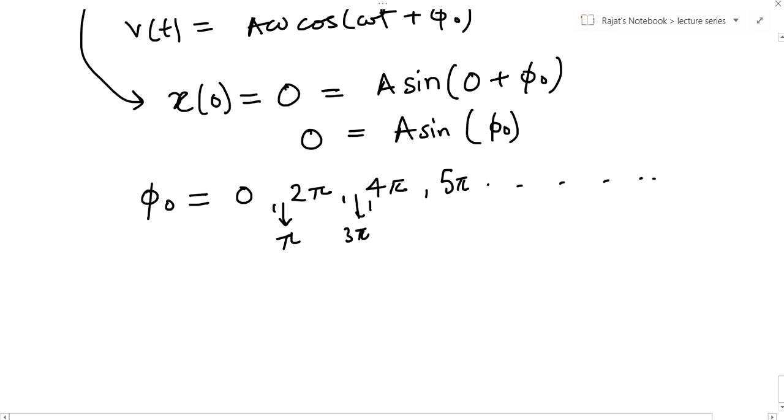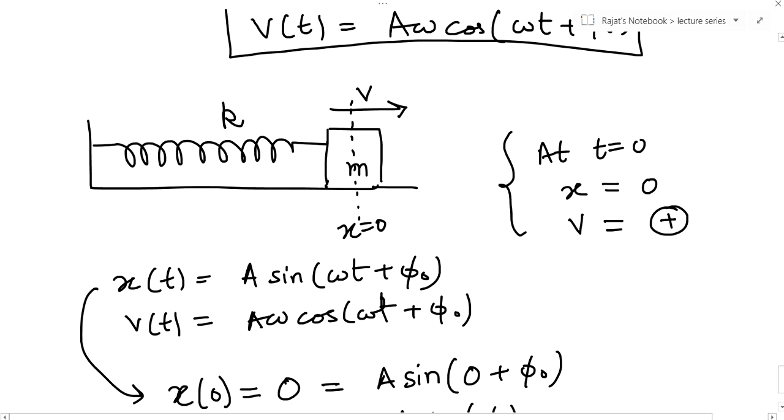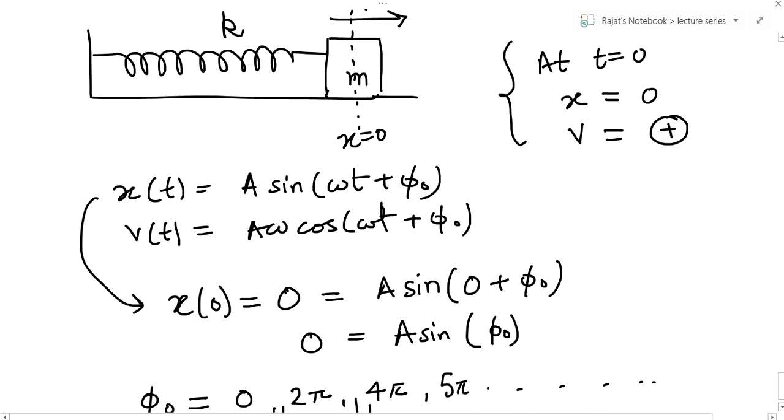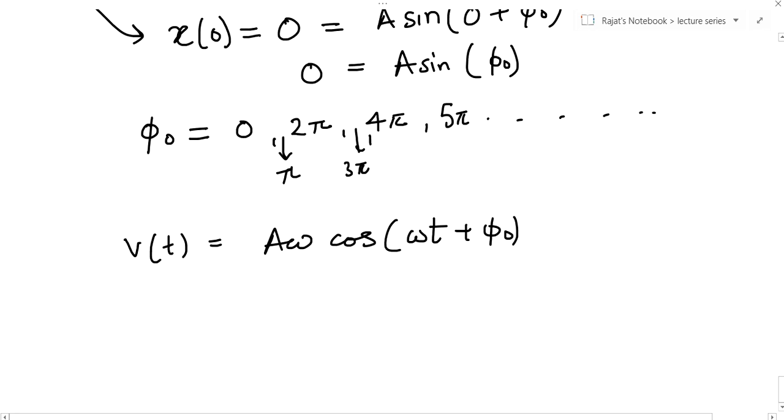The other information that has been provided to us is that at t is equal to 0, the mass is moving in the positive x direction. So the velocity is positive. So let us come to the velocity function. v(t) is equal to a omega cos(omega t plus phi naught). At t is equal to 0, velocity will be a omega cos phi naught.